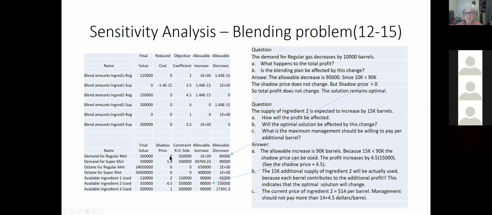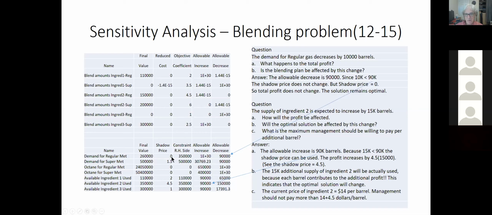But the shadow price is the change in the objective function per 1 barrel increase. And because you have a 90,000 allowable decrease, the shadow price will remain zero, even if it goes down to 340.